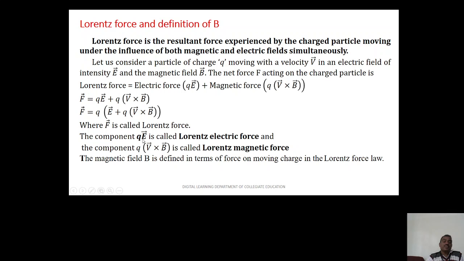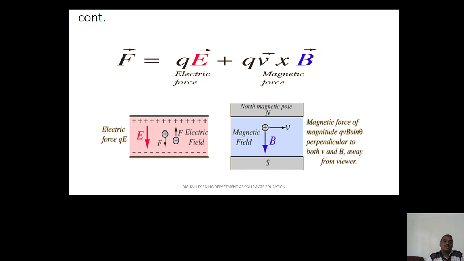The component QE is called the Lorentz electric force, and Q(v × B) is called the Lorentz magnetic force. The magnetic field B is defined in terms of force on a moving charge in the Lorentz force law, that is F is equal to QE plus Q(v × B).